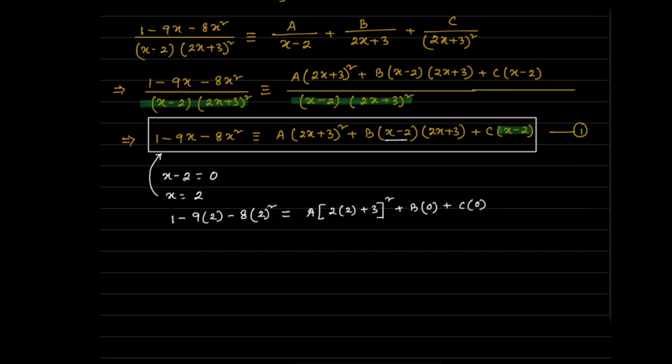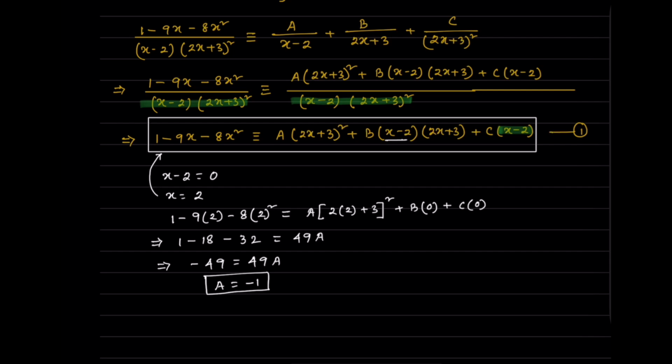So finally we can write 1 minus 18 minus 32 equals a times 4 plus 3 is 7 square, so it will be 49a. On the left side, 32 and 18 is 51, so it will be minus 49 equals 49a, or a equals minus 1. So we got our a value.